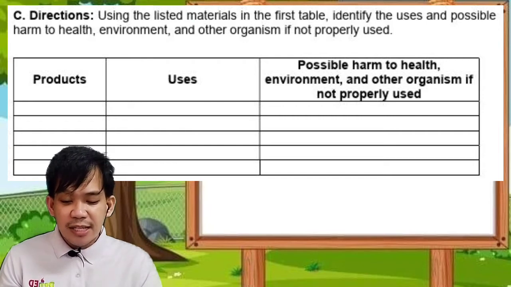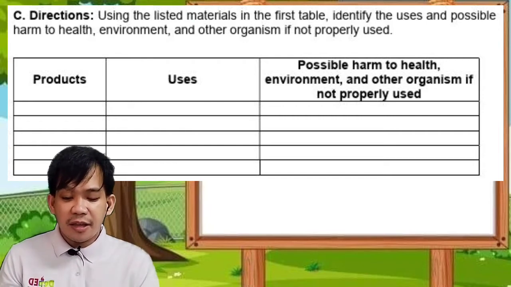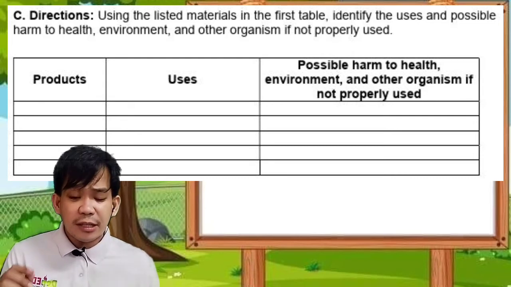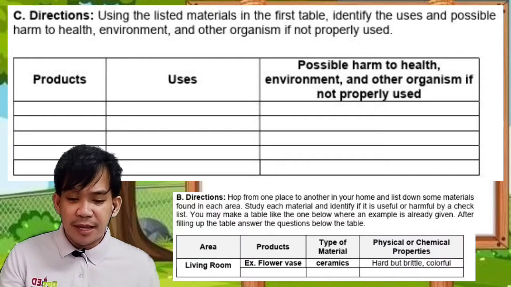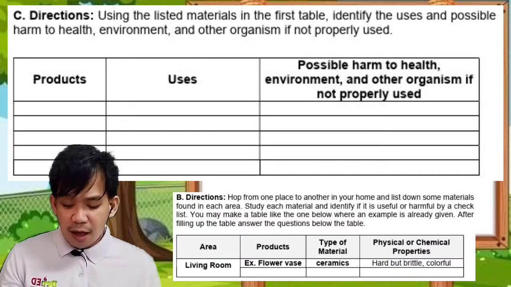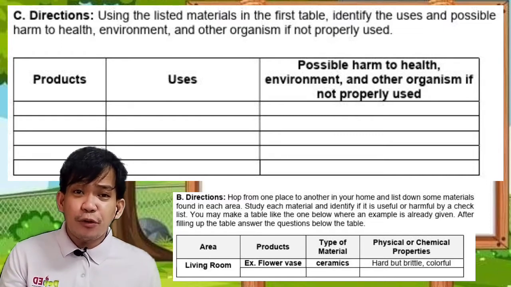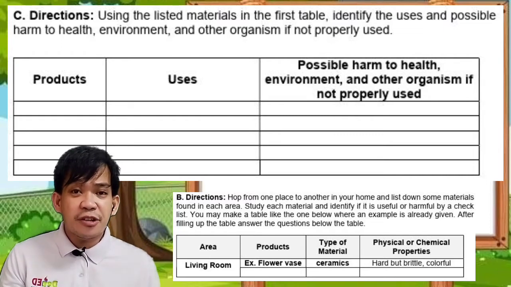Identify the uses and possible harm to health, environment, and other organism if not properly used. So, dito sa letter C, gagawin nyo dito, yung mga products na inilagay nyo dito sa letter B, kasi di ba naghanap kayo ng mga materials or products na makikita sa bahay nyo, pwede nyo ilagay na rin yan dito sa exercise C.